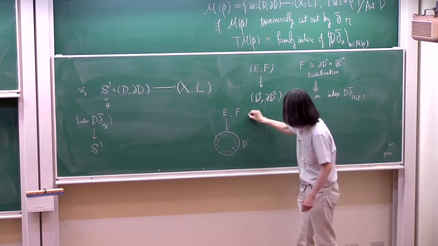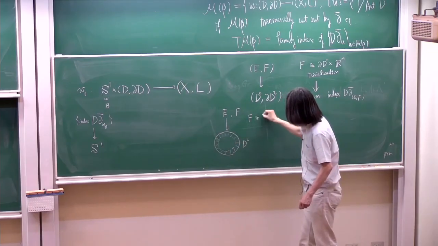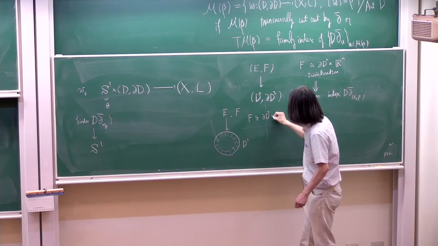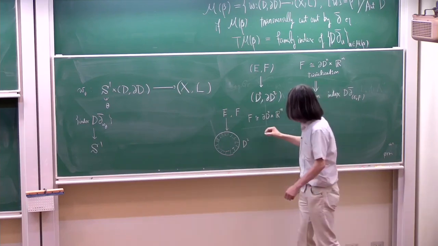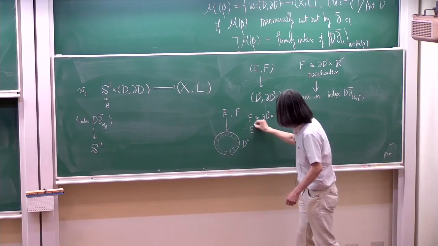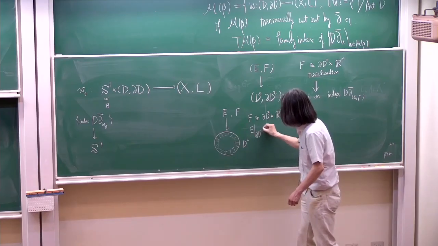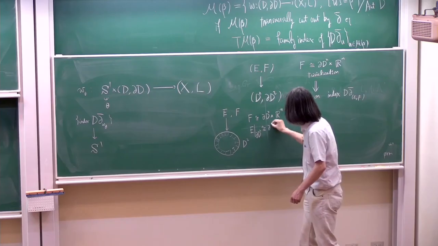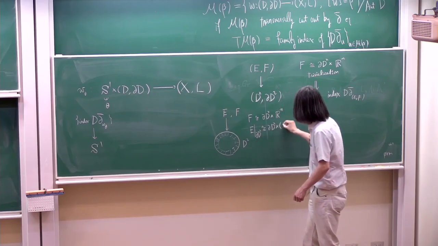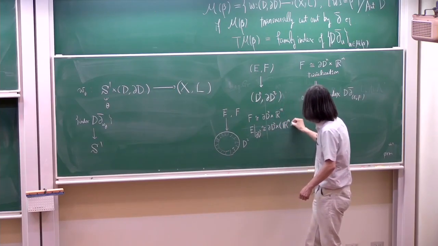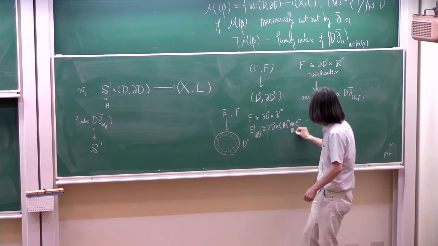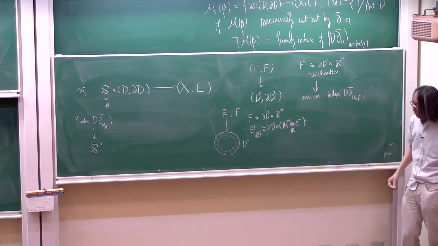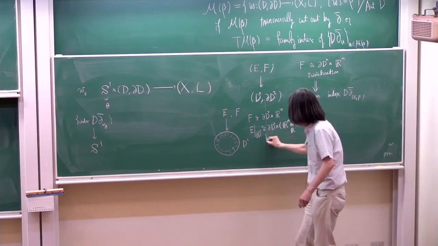It's a collar neighborhood because F is trivialized. And then E, with respect to the boundary, is also trivialized, because this is just like this. So you can trivialize it, and then you can extend it over the collar neighborhood.